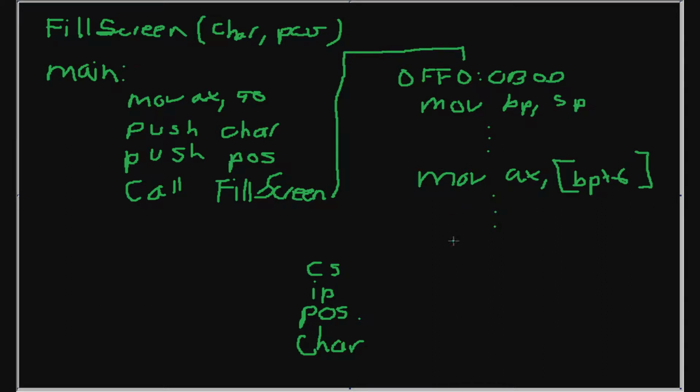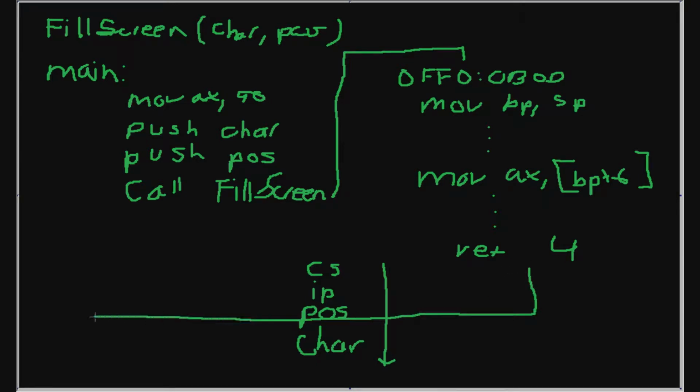we're going to return. We're going to go back to where we left off. So we're going to return and pop everything off the stack. When we return, we're going to go to the instruction after the call instruction.